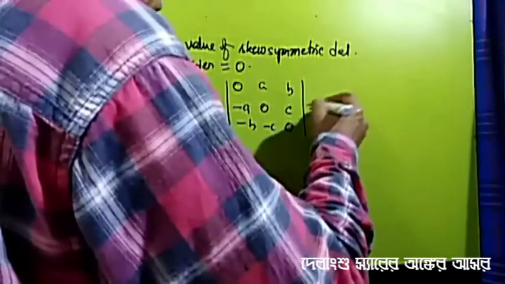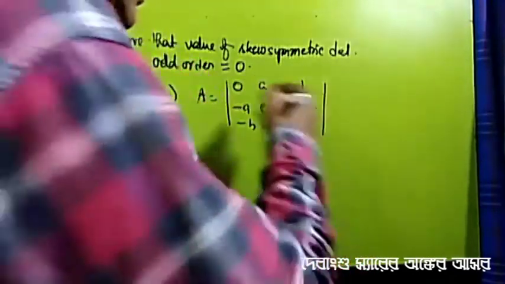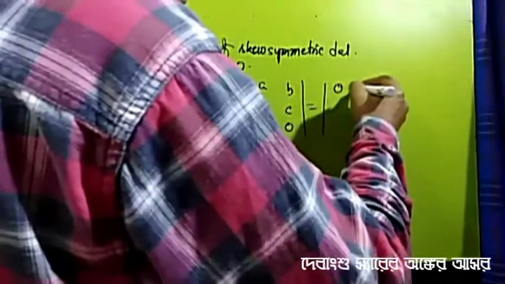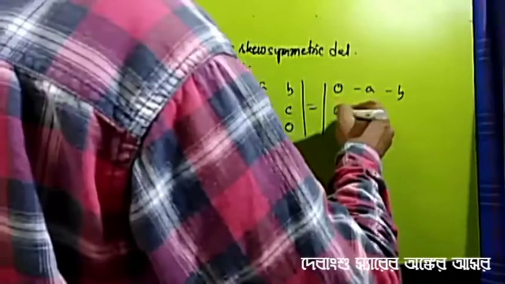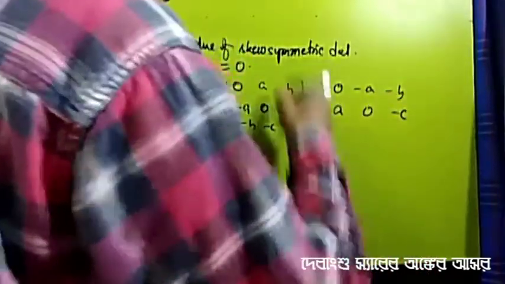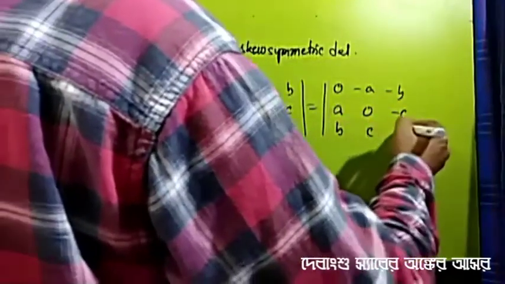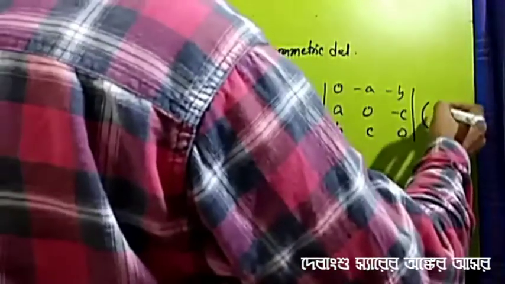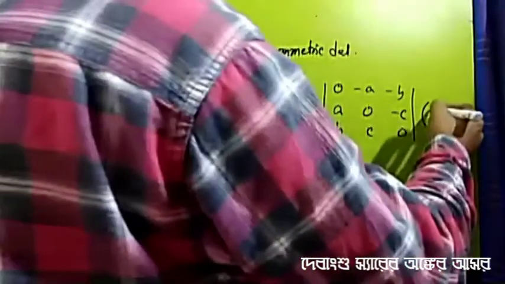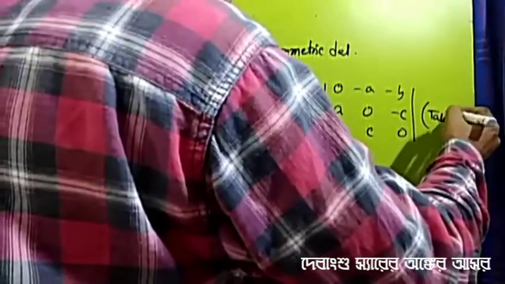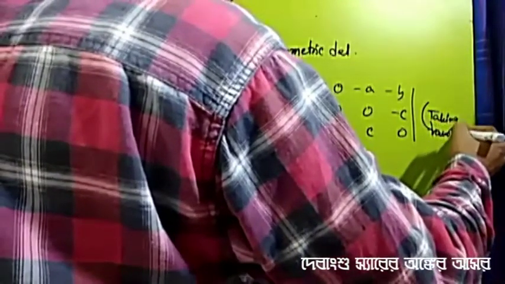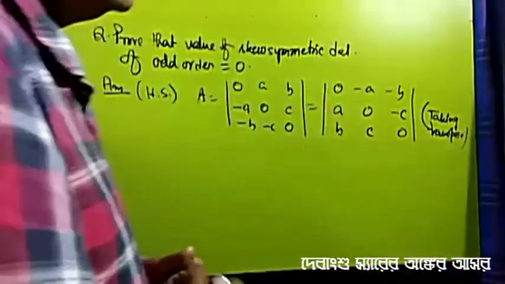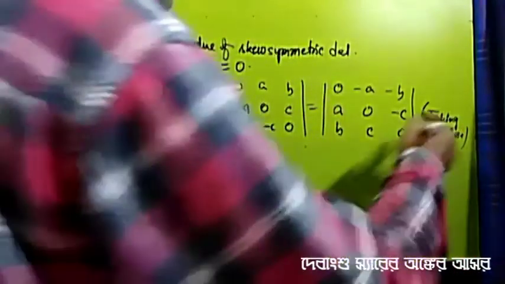So that is equal to, now I am taking the transpose. So the first column becomes the first row: 0, minus a, minus b. The second column becomes the second row, the third column becomes the third row. Taking the transpose.